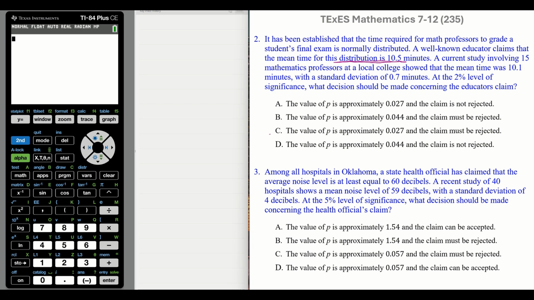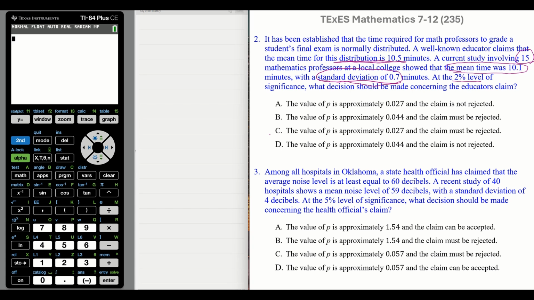A current study involving 15 mathematics professors at a local college showed that the mean time was 10.1 minutes with a standard deviation of 0.7 minutes. At the 2% level of significance, what decision should be made concerning the educator's claim?